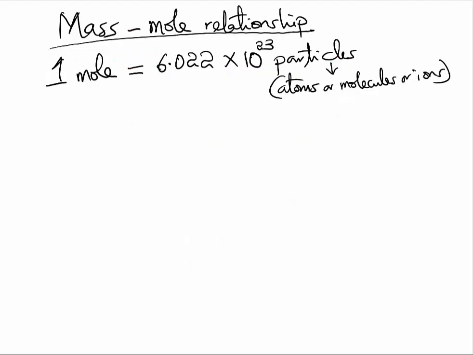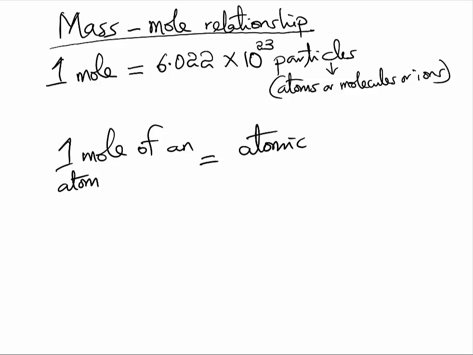So 1 mole of an atom is equal to the atomic mass, which is found on the periodic table, just with the unit of grams.